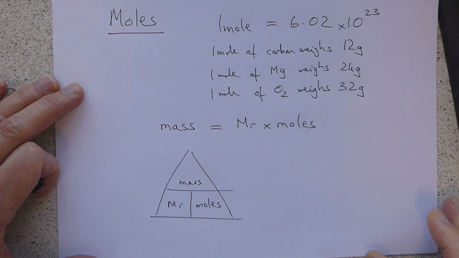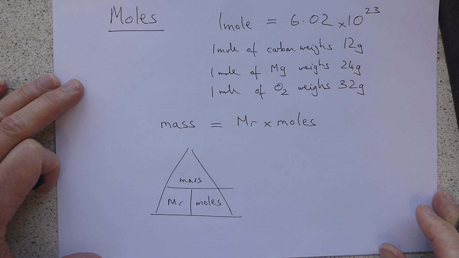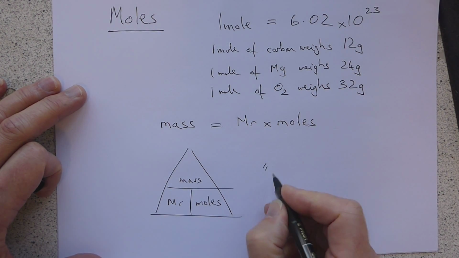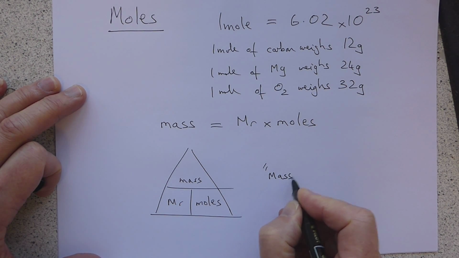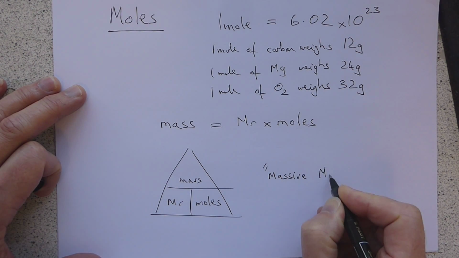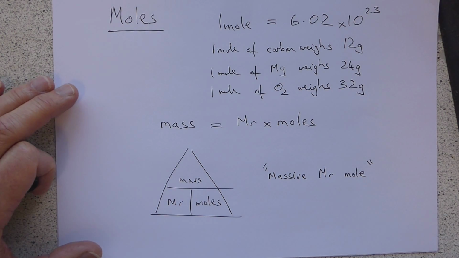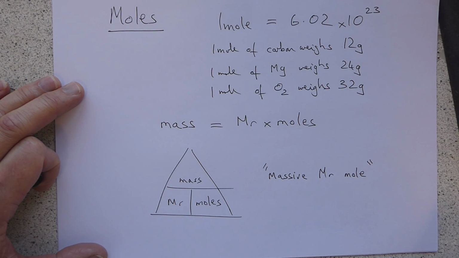All 3 things there begin with an M, so it might help you to have a little way of remembering it. The way I remember it is massive Mr. Mole. Just think of a giant black creature tunnelling its way, ruining your garden, your lawn. Massive Mr. Mole is one way of remembering that little triangle.